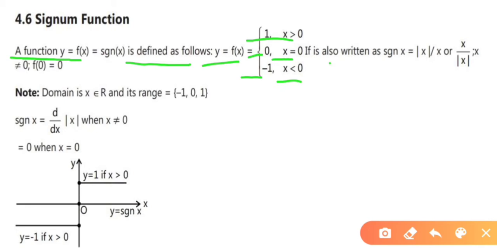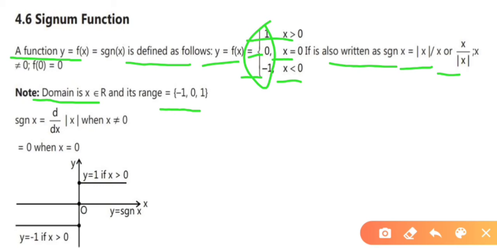It is also written as mod x upon x or x upon mod x. Note, the domain is x belongs to R and the range is minus 1, 0, 1.